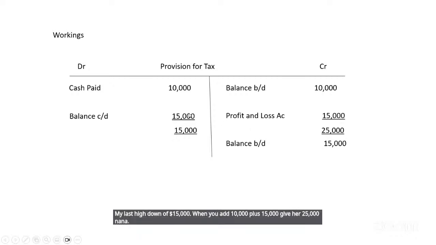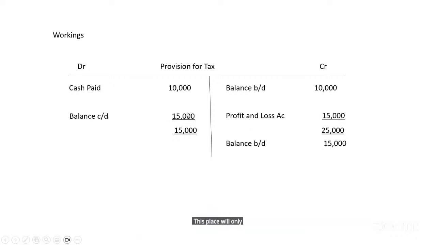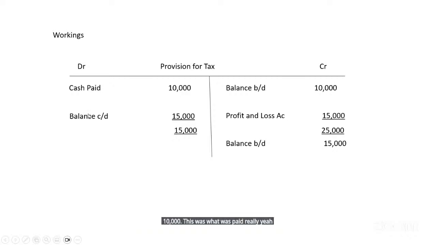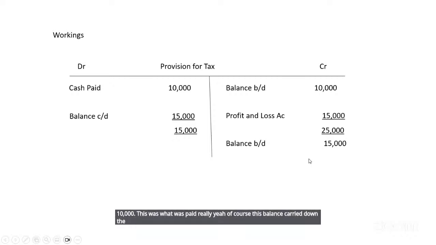Now, this place will only have one entry. And to make this side equal to this side, we say 25,000 naira minus the balance carried down of 15,000 naira will give us 10,000 naira. This is what was paid during the year. Of course, this balance carried down is the same amount that is here.